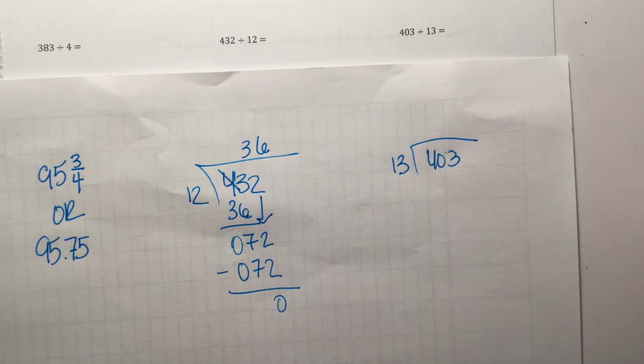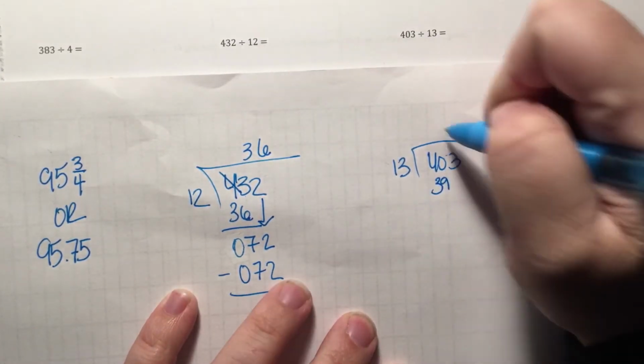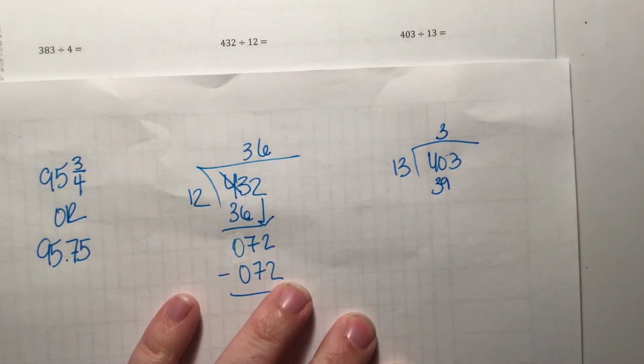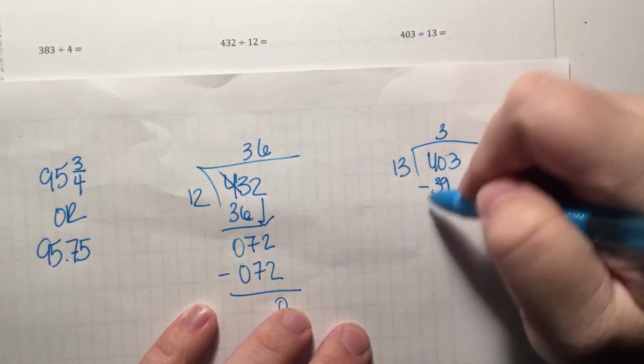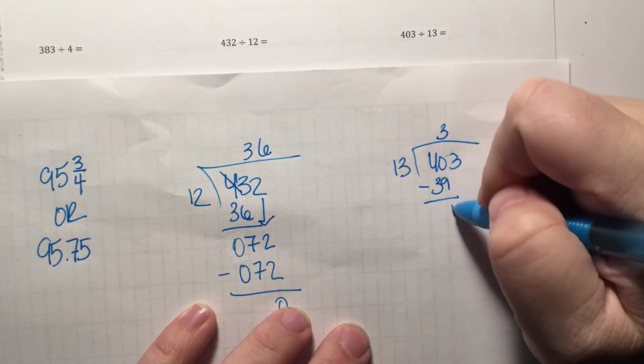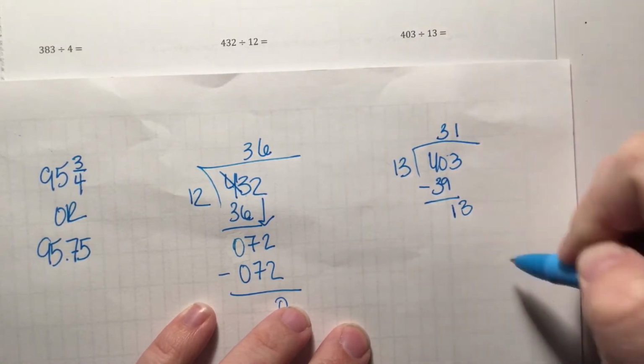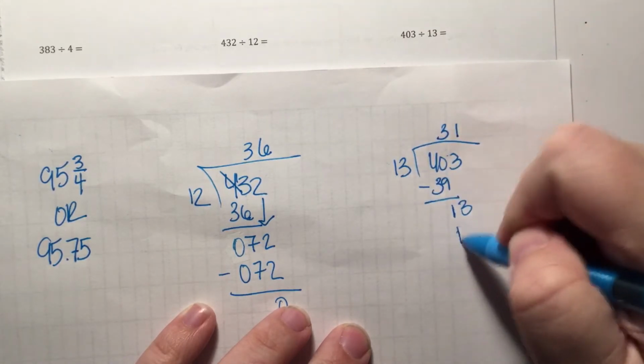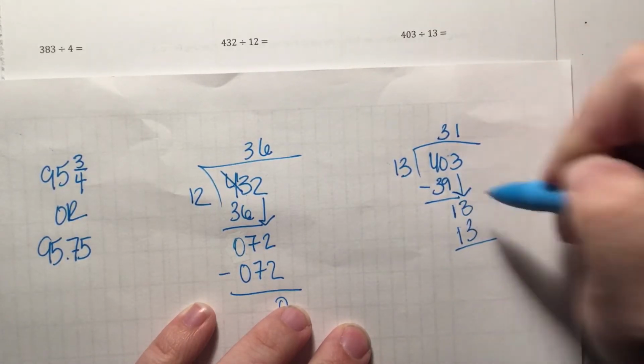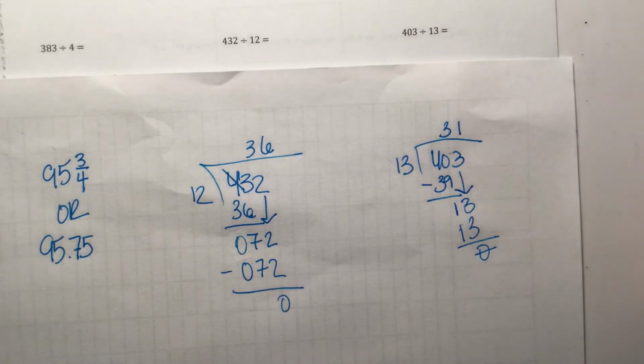If I add 13 to that, I think it's 39. So go ahead and grab your calculator and double check. And no, I'm not looking at the answer key for this one. So 1 times 13 is 13. Write down my 3. How did you do? Did you get the same answer?